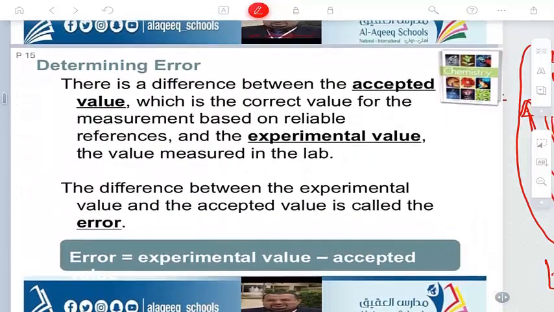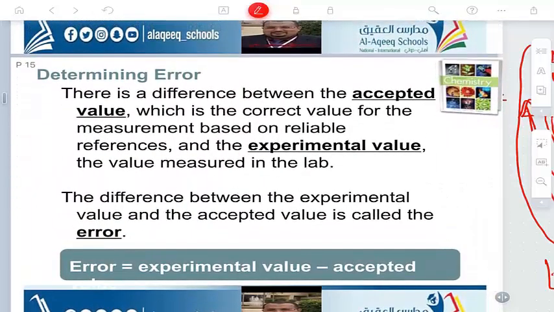How? You have the accepted value, which is the correct value, and you have the experimental value that you measured in the experiment. To measure the error, just subtract the accepted value from the experimental value.